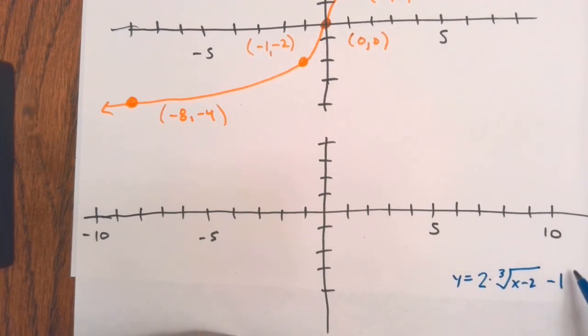This is our final graph. I just need to take the graph we just did in orange, and I'm going to move that right 2 and down 1.